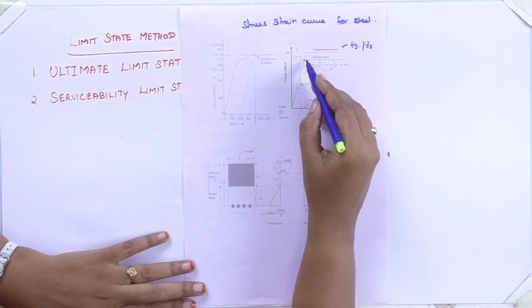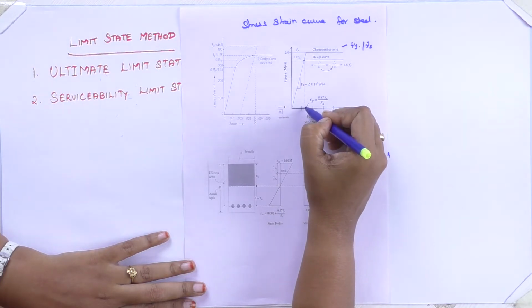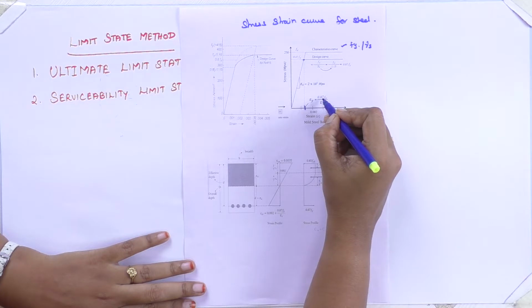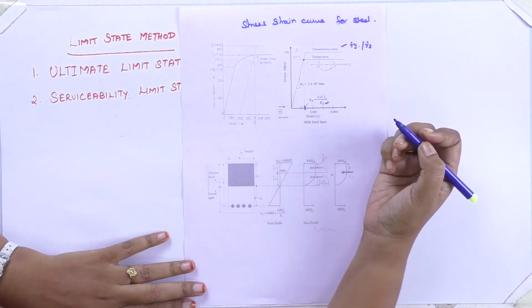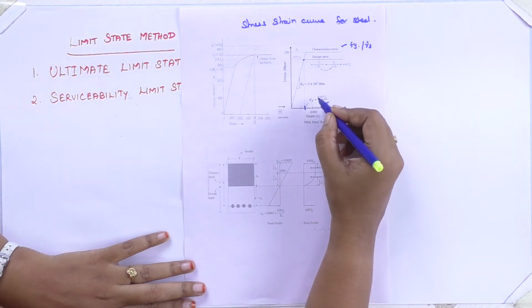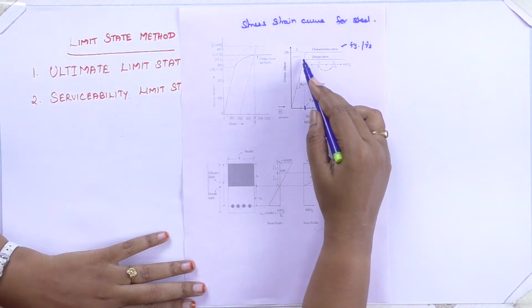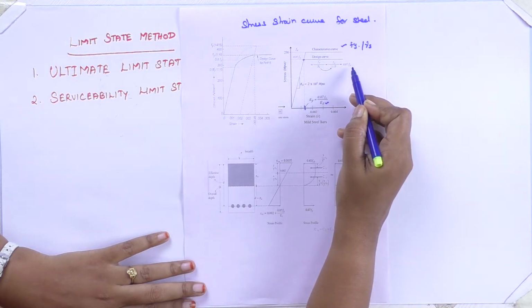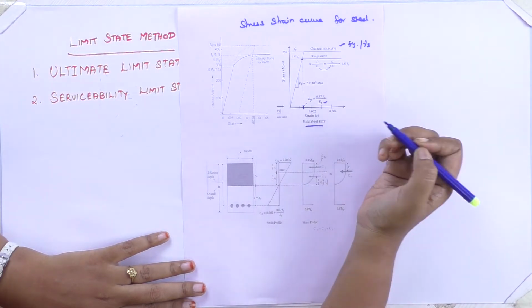It may be around here. When you take a value, you will take epsilon y as the strain, 0.87 Fy divided by the Young's modulus of your steel. You can calculate the strain at a point here and you can get a stress of 0.87 Fy for a mild steel bar.